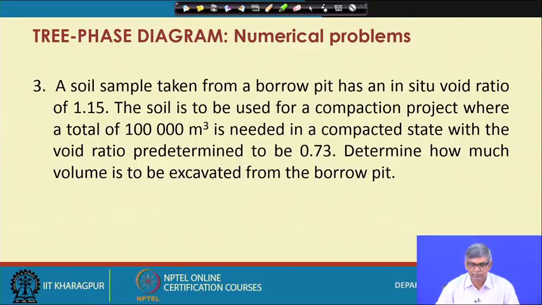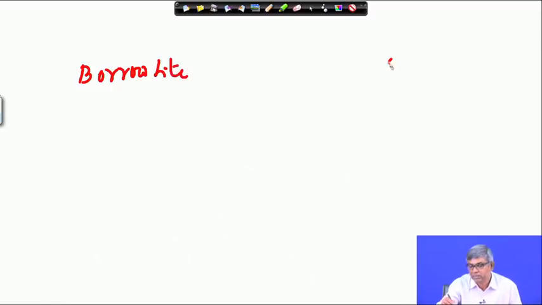So, for this let me take this one, and you can see again similarly the borrow site and compaction site.